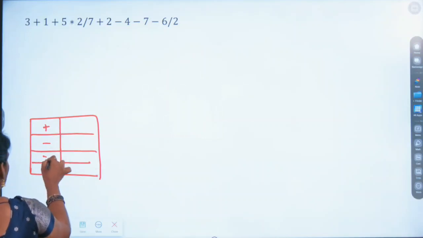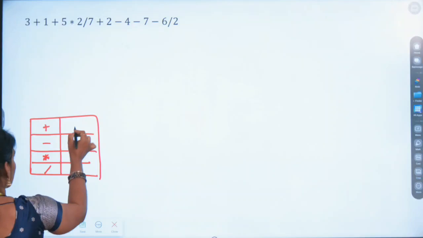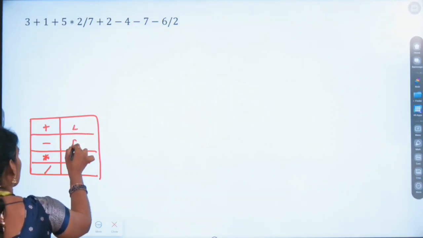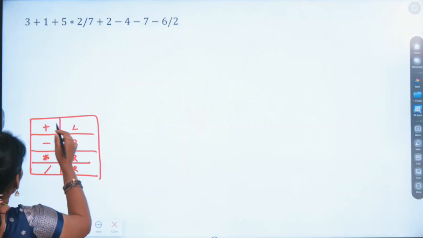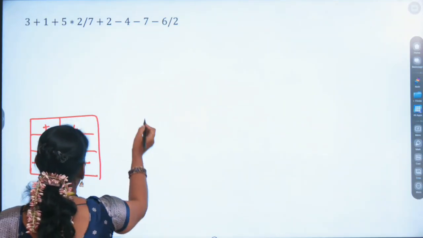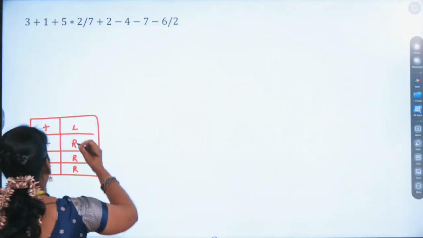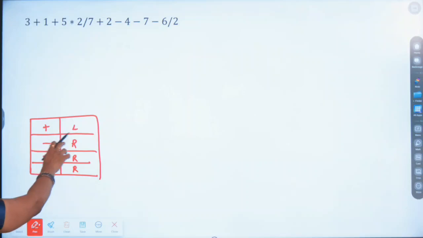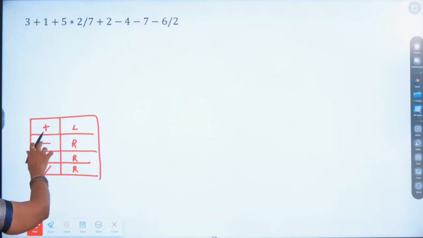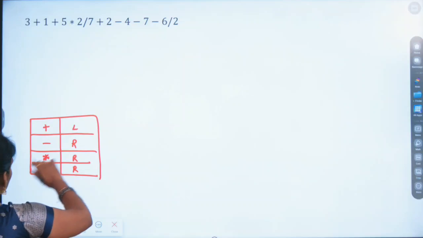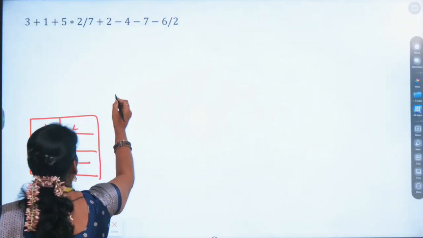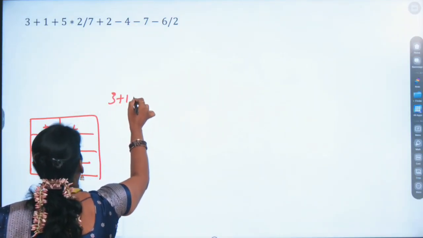Okay, so now we can evaluate the expression. First is 3 plus 1. Since the plus operator has the highest precedence, we have to evaluate the addition operation from left: 3 plus 1, 3 plus 1 plus 5.